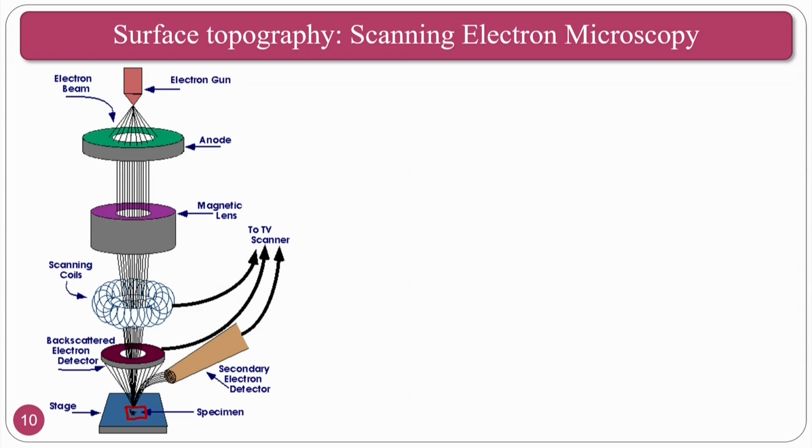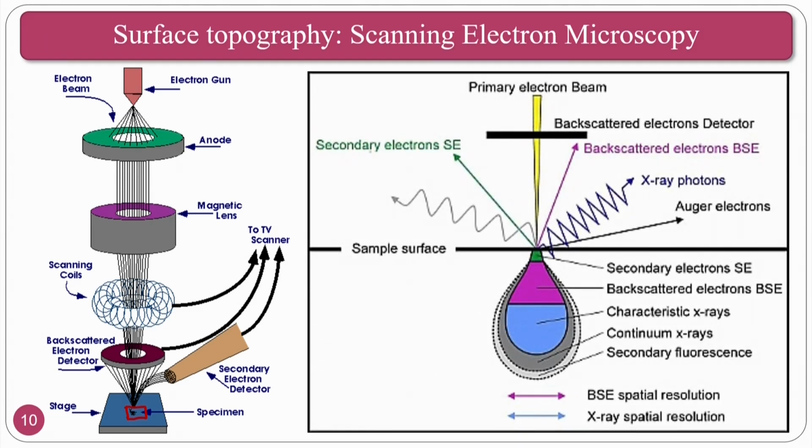Normally you will get the electrons which will be detected basically. So what are the electrons that are detected? There are various types of electrons that are detected, among which there are three major things. One is X-ray photons, secondary electrons, which we are mostly worried about, and backscattered electrons, which we are also worried about.